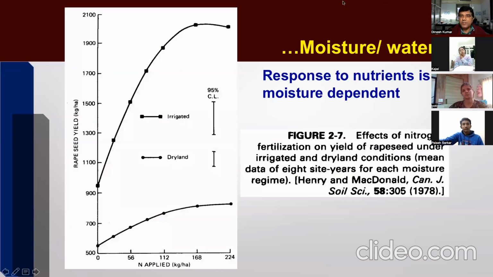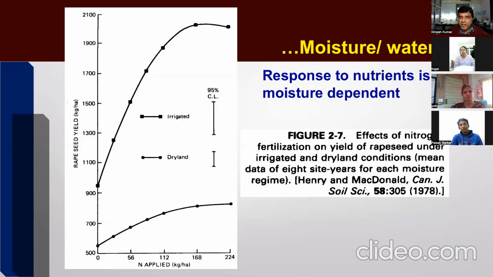Now you see, this is quite interesting. I wanted to discuss it yesterday. So now you can see this picture. This picture tells us the interaction of water, or moisture, and nutrients. Many of you, or all of you, should know that there is a positive interaction between nutrient supply, nutrient uptake, and water availability.